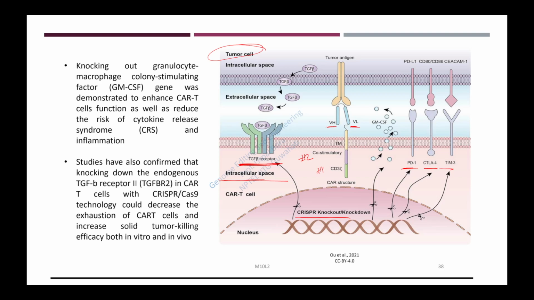These tumor cells have particular proteins that interact with these receptors, for example PD1 and others, to suppress the action of the T cells. So PD1, CTLA4, TIM3 all can be knocked out so that there will not be an off switch for T cell activation.